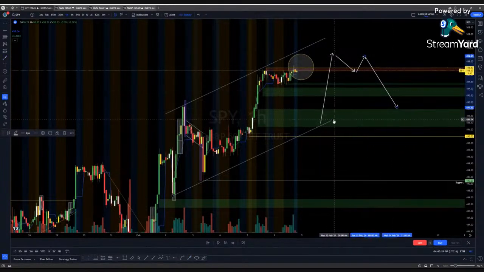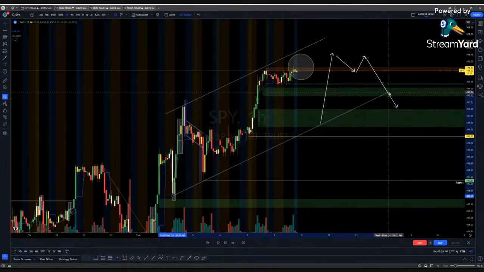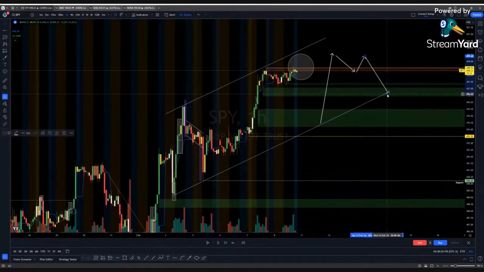This is where I'm watching whether price can hold above this zone.